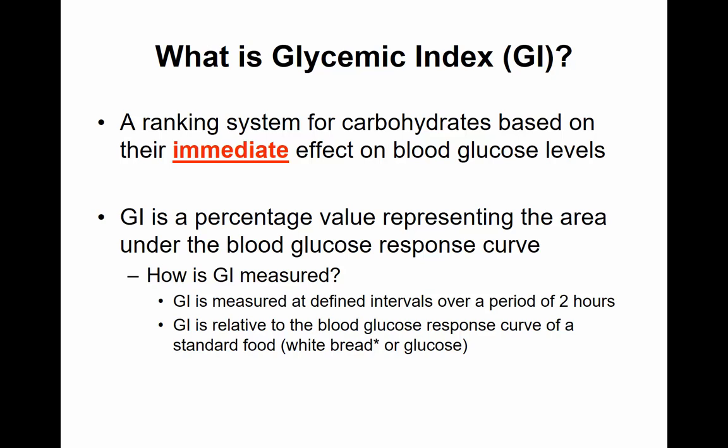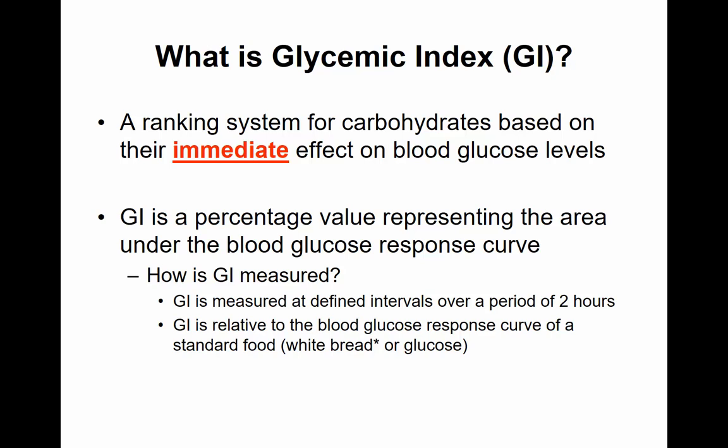Basically it tests how quickly eating a particular carbohydrate food causes blood glucose level to increase. It is measured at defined intervals over a period of 2 hours, and it is a relative value, relative to the blood glucose response curve of a standard food.